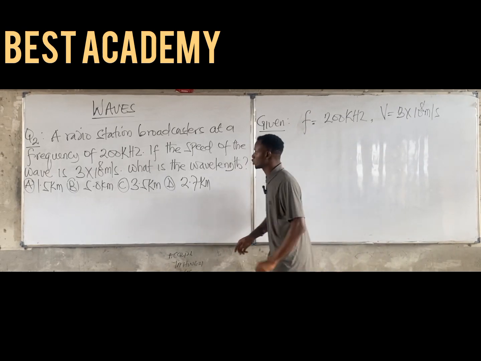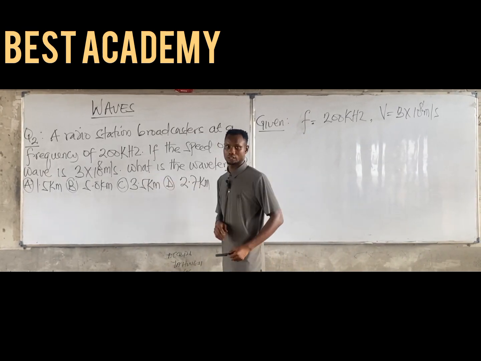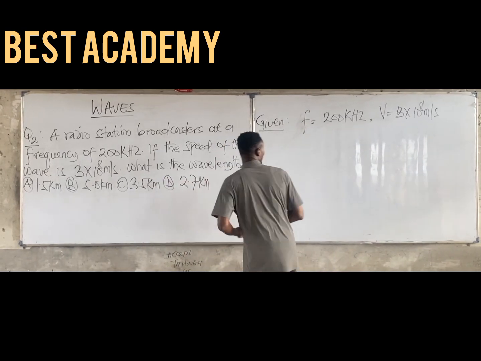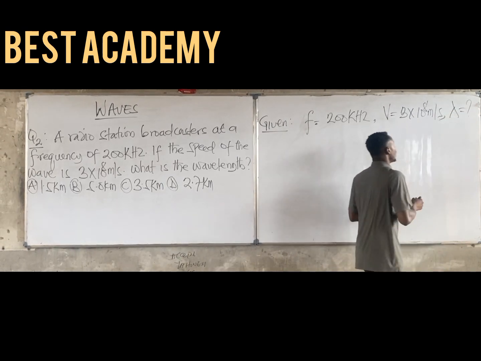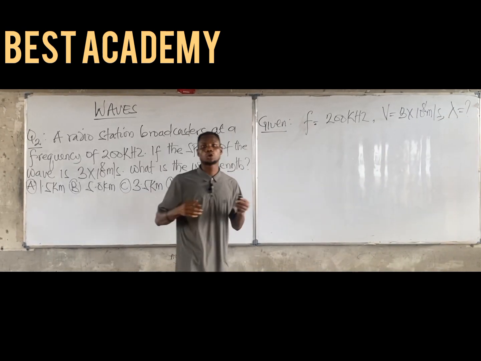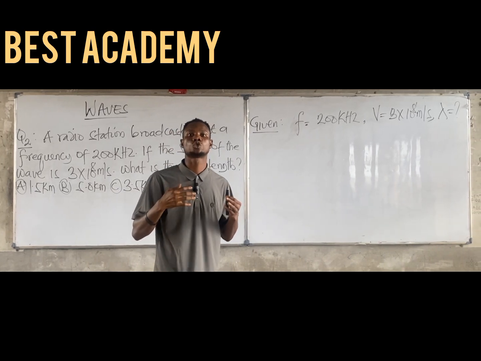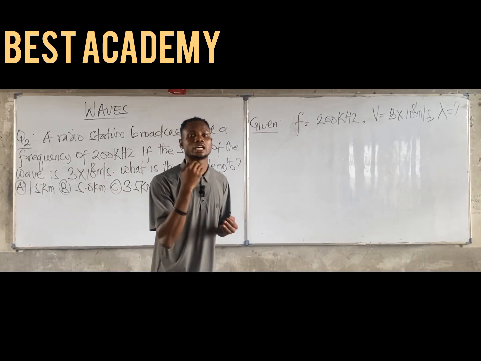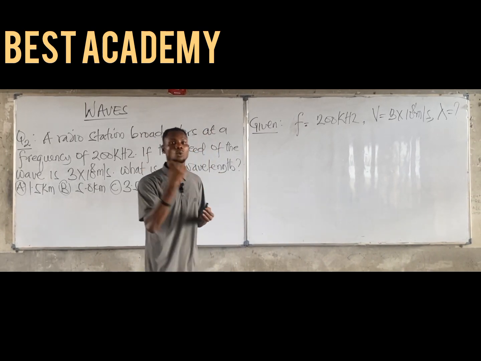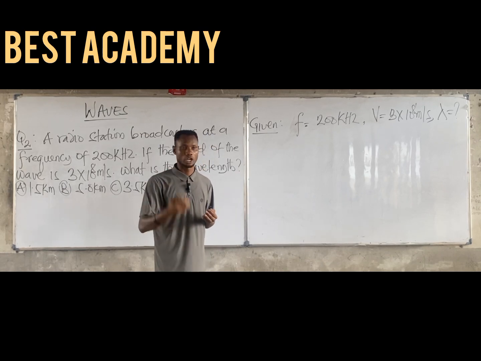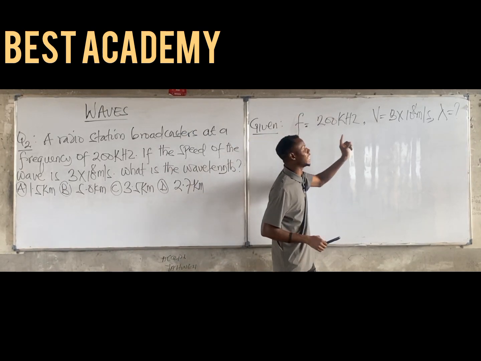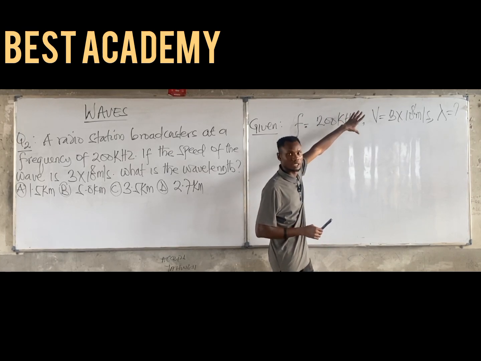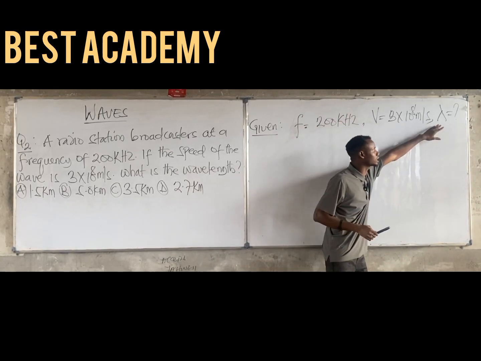Now, what are we asked to calculate? They say, what is the wavelength? So they are looking for lambda, that is the wavelength here. But I told you guys that there are some formulas relating to velocity: the one that relates with displacement, and the one that relates with wavelength. I'm not going to use the formula for velocity that relates with displacement here, because we are looking for lambda.